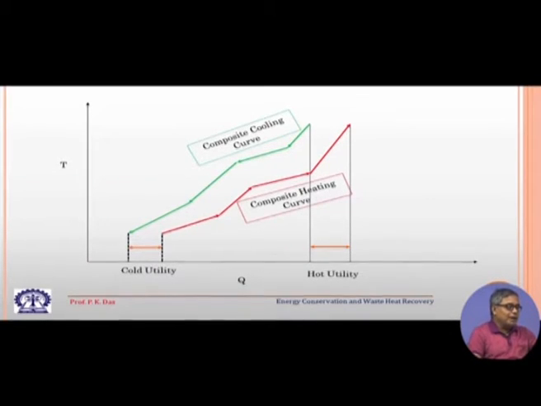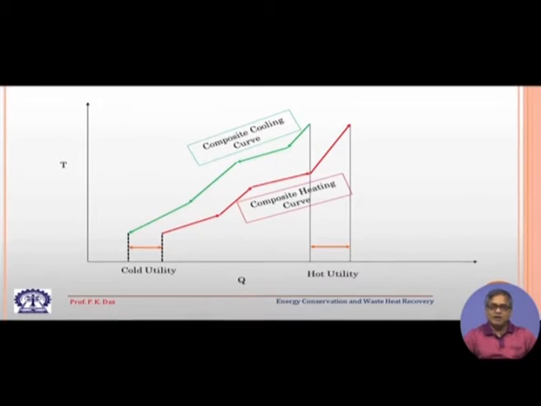So, here what I explain is the methodology. What we try to do, we try to first see that all the hot streams are combined together, as if there is a single hot stream. And if there is a single hot stream, unlike a single heat exchanger, its heat capacity rate will change throughout the length of the heat exchanger.